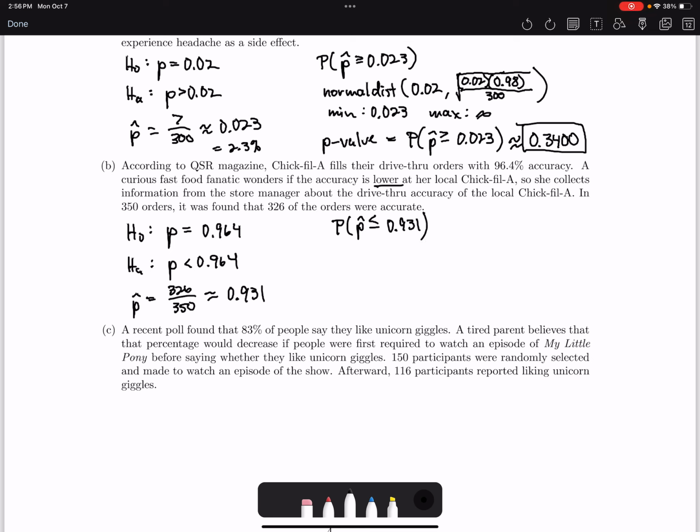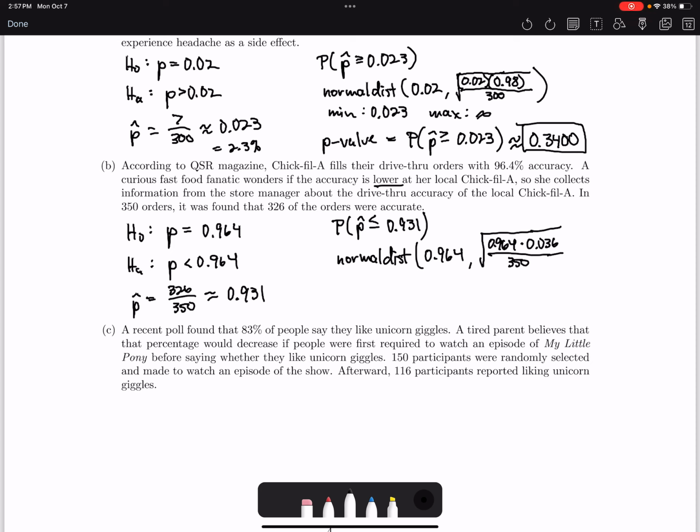And we're going to compute this probability under the assumption that the null hypothesis is true, that p is 0.964. So in that case, we know that p hat is going to follow a normal distribution with a mean of 0.964 and a standard deviation of the square root of 0.964 times 0.036. You should double check me. And then divided by a sample size of 350.